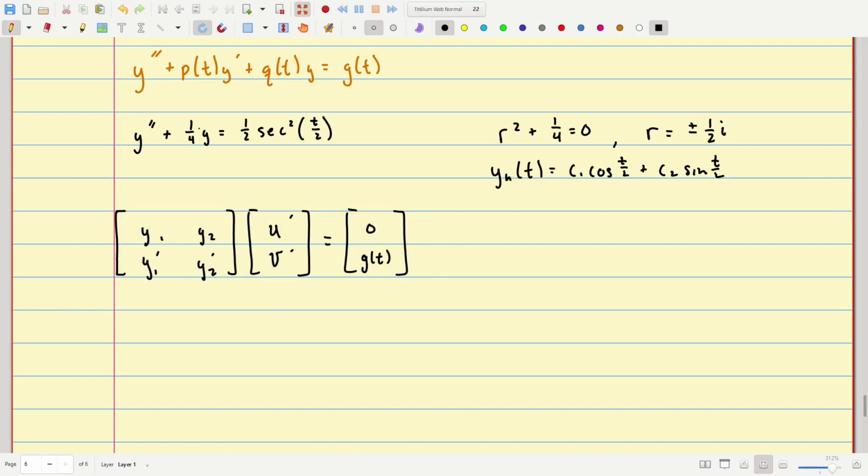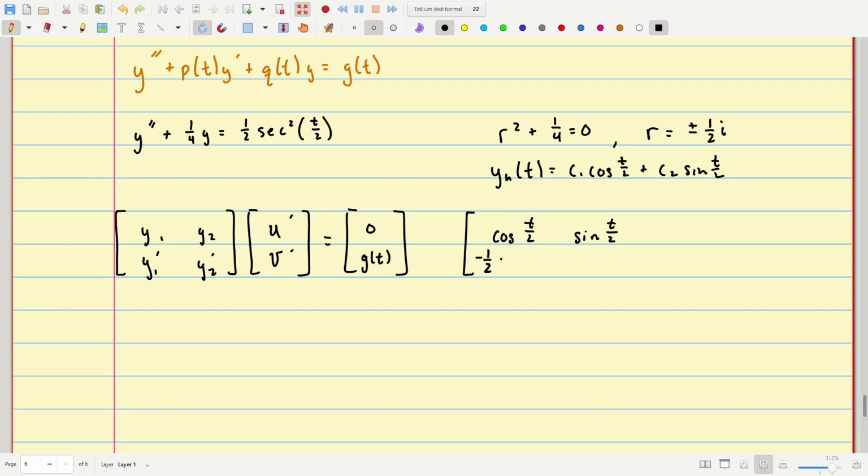Okay, for our particular problem, we write in our different expressions. So we have cosine t halves and sine t halves, and then we have the derivatives of these expressions.